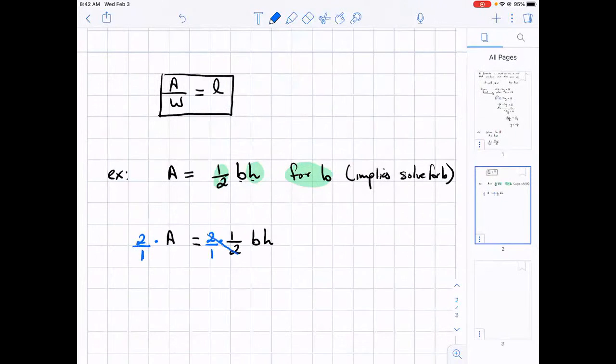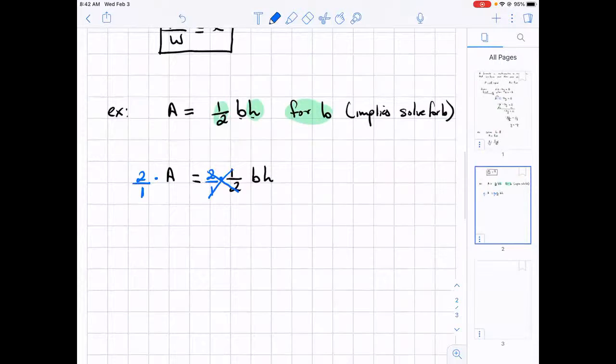So the 2 and the 2 will cancel, the 1 will cancel, okay? And on this side now, 2 times A is 2A. And if you want to put this over 1, 1 times 1 is 1, so we don't need to write it over 1. And that is now equal to BH, so 2A is equal to BH.